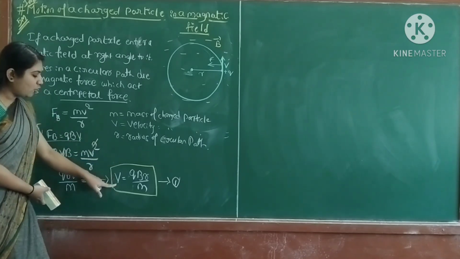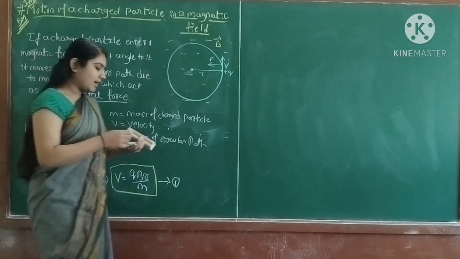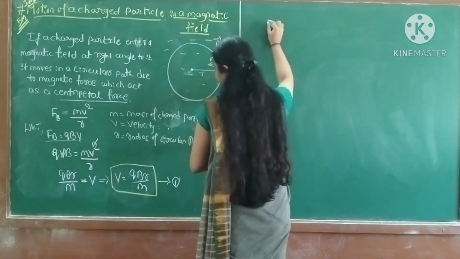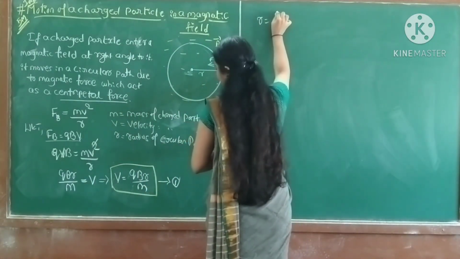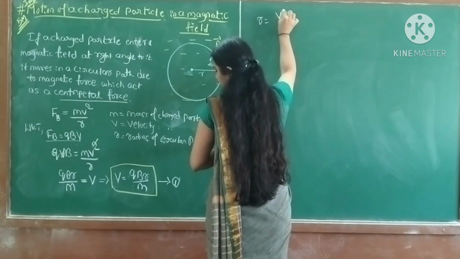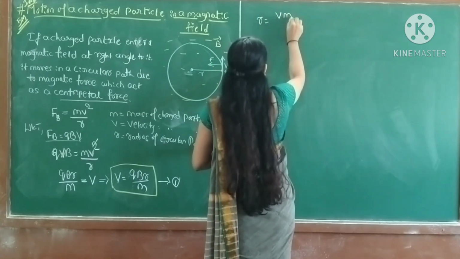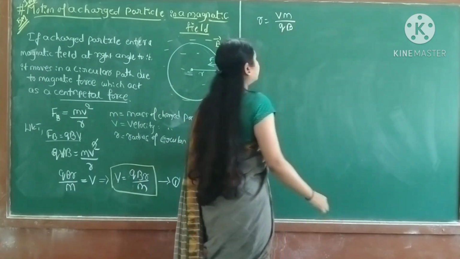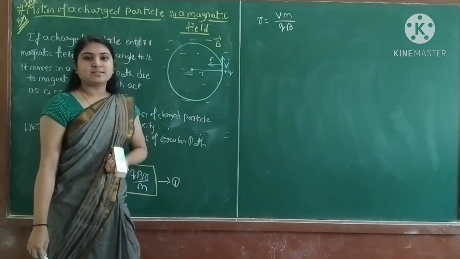Yes. So from this equation we have to write the radius again. What will we get for the radius? See, r is equal to vm divided by qb. Yes, this is the radius of the circular path.